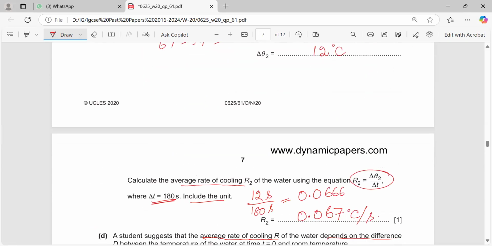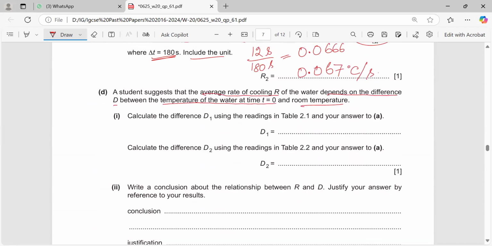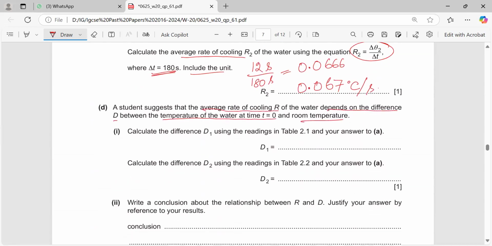So we have to calculate the difference between the initial temperature of the mixture and the room temperature. Calculate the difference D1 using the equation in table 2.1 and your answer to A. Here 85 was the starting temperature and 21 was the room temperature. So the difference is 64. So here we write 64.0, and don't forget to write degrees Celsius. Very important.